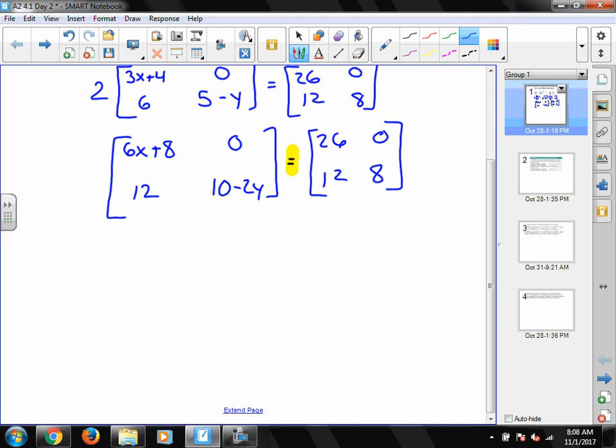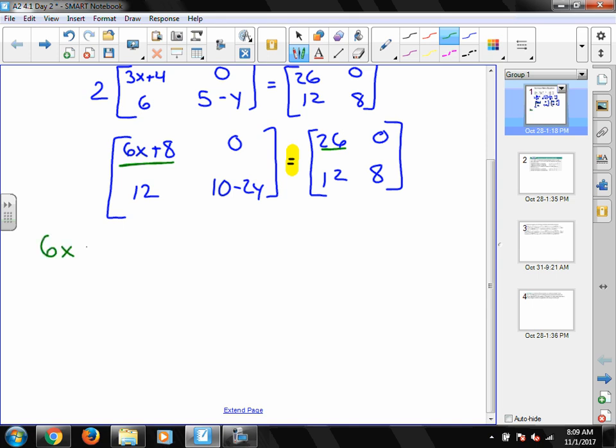So, the whole key to this problem is the fact that these are equal. So, we can take a look and we see that 6x plus 8 has to correspond to that 26. They're both in the top left corner of our matrices. So, if the matrices are going to be equal, those two entries have to be equal.